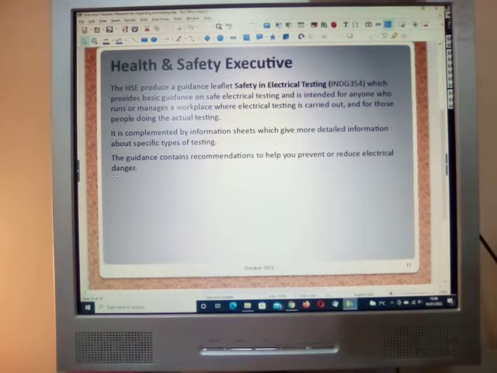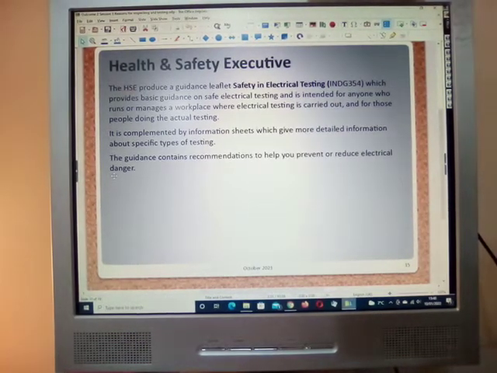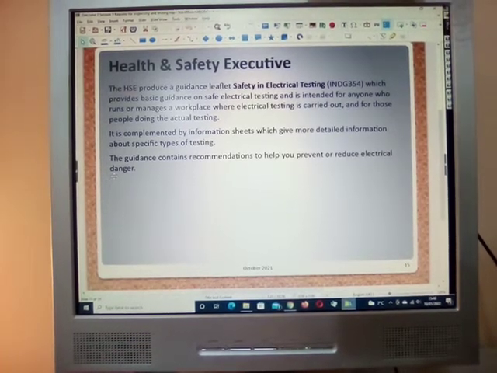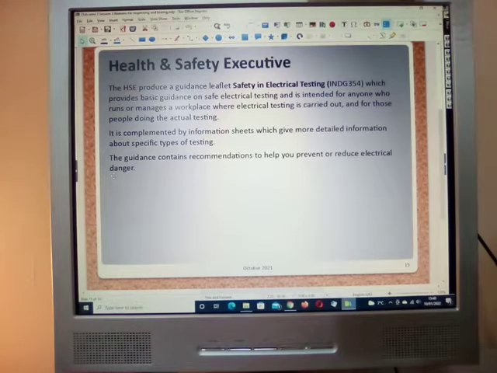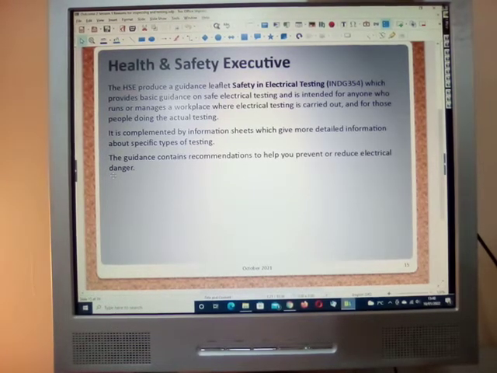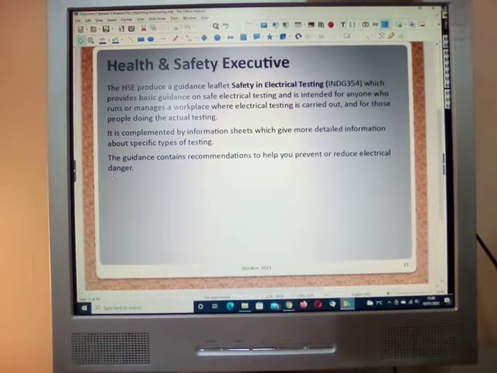Health and Safety Executive, etc. Be aware that these people have the power to carry out their own inspections as such. And look at their guidance leaflet in regards to electrical safety testing.